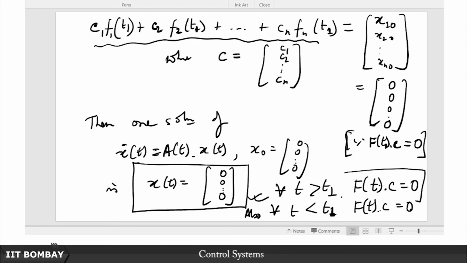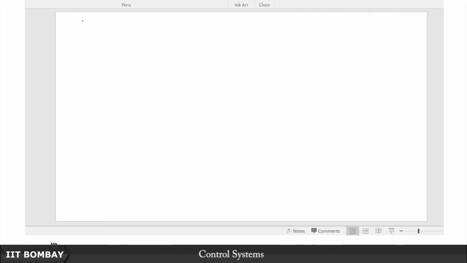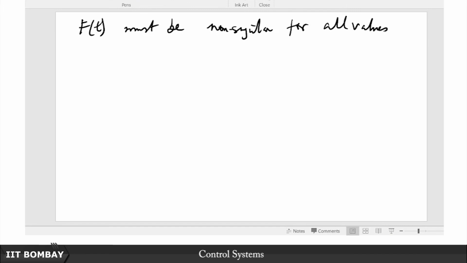So therefore F(t) must be non-singular for all values of t.